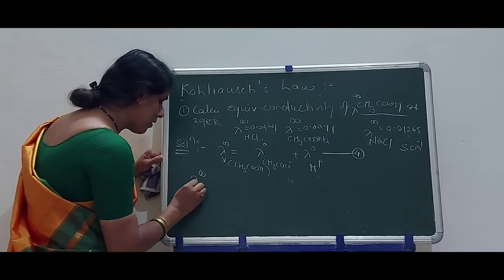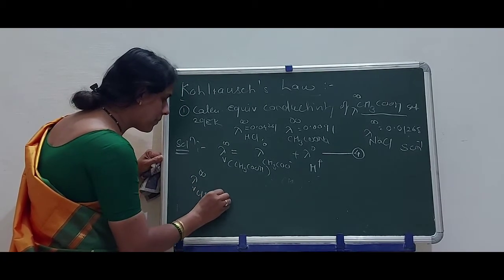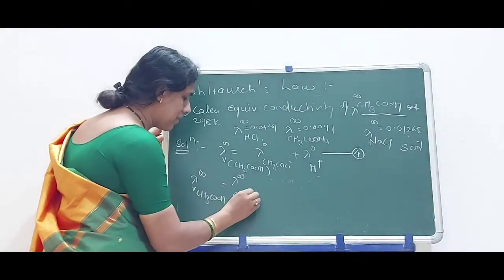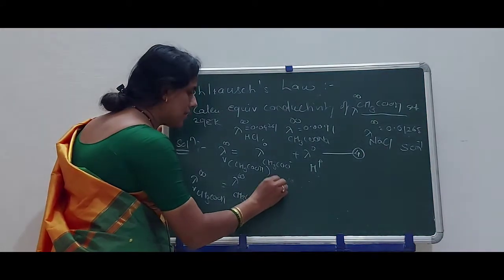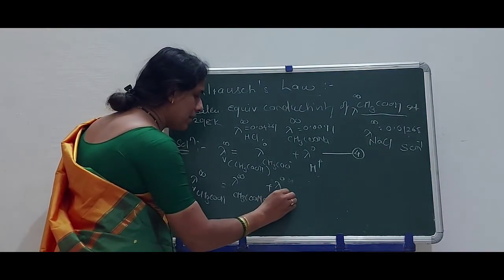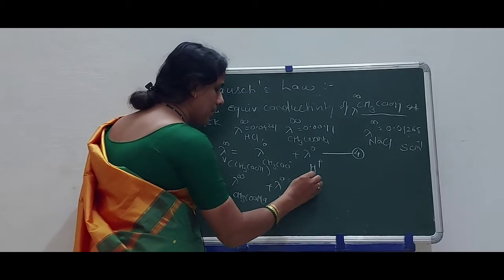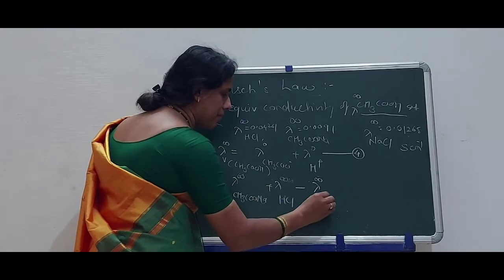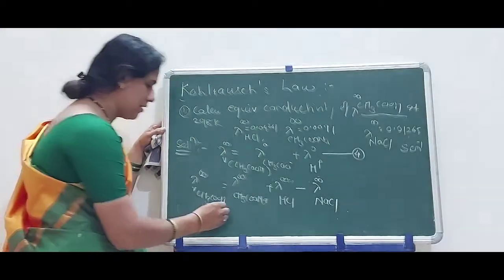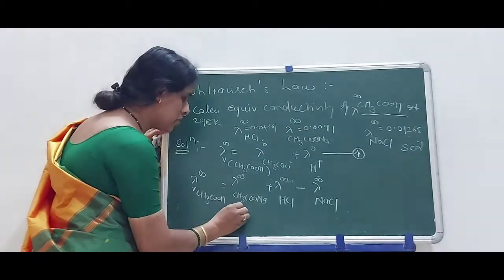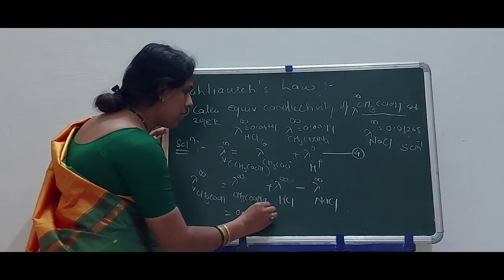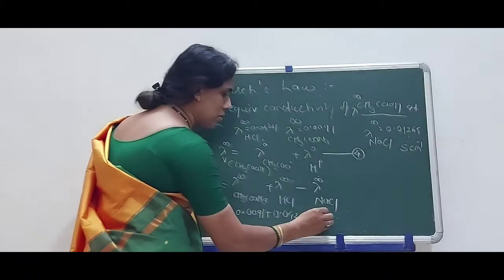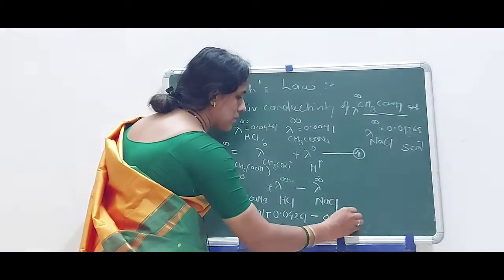Now I can write lambda infinity of CH3COOH is equal to lambda infinity of CH3COONa plus lambda infinity of HCl minus lambda infinity of NaCl. Got it? Therefore, we take the values as 0.0091 plus 0.04261 minus 0.01265.